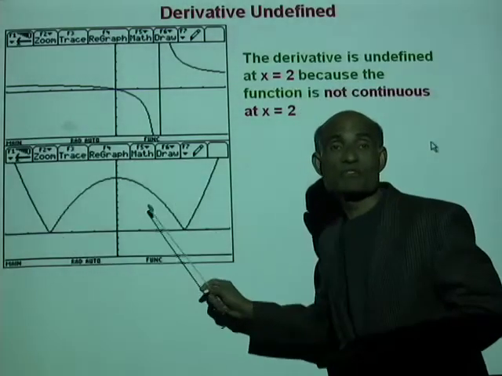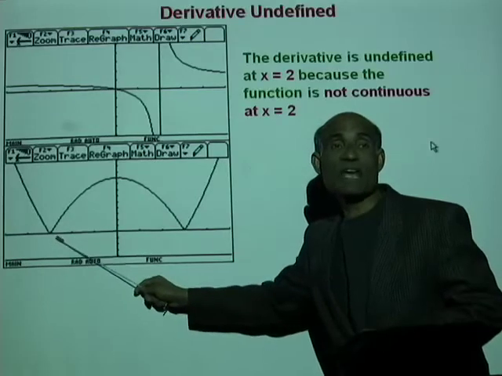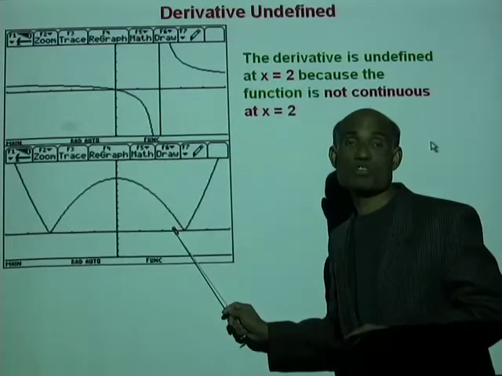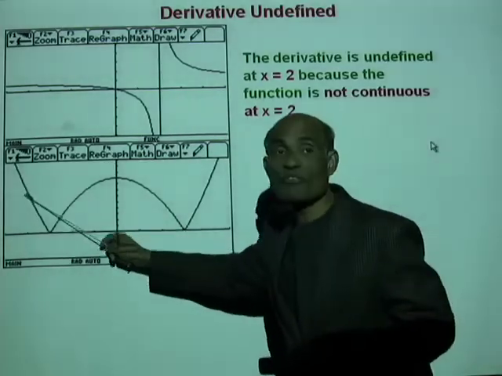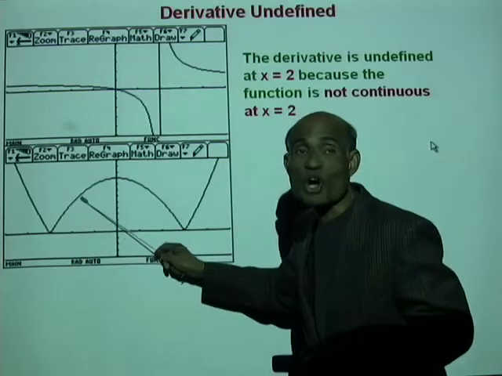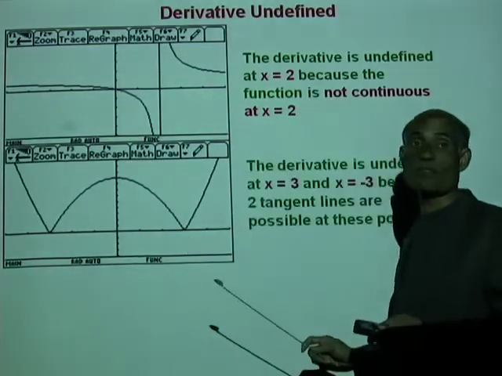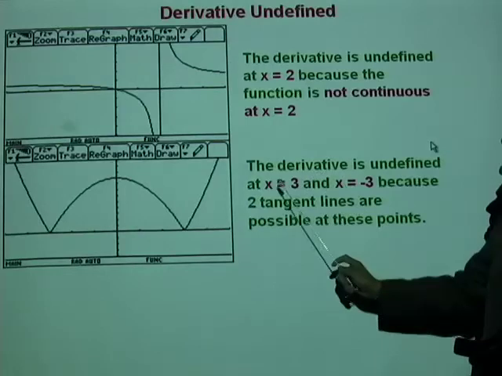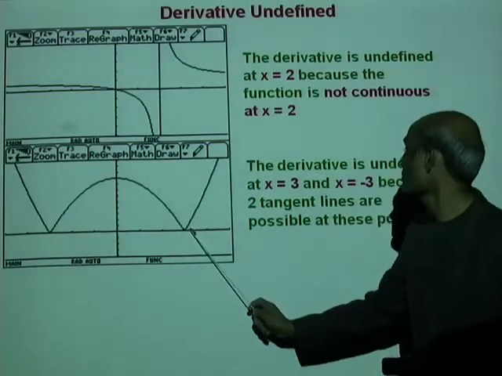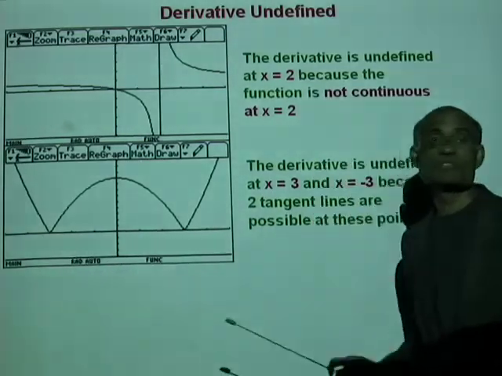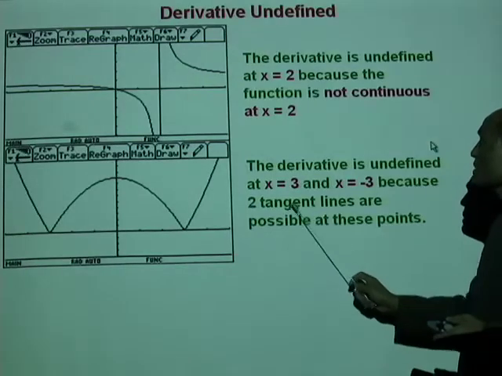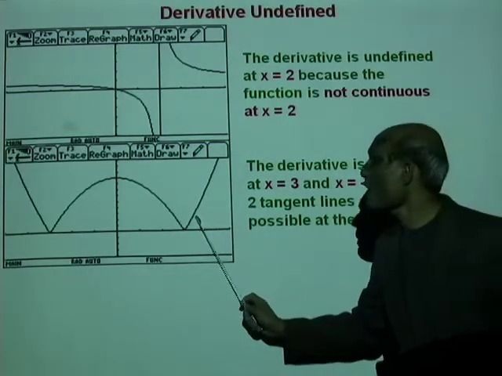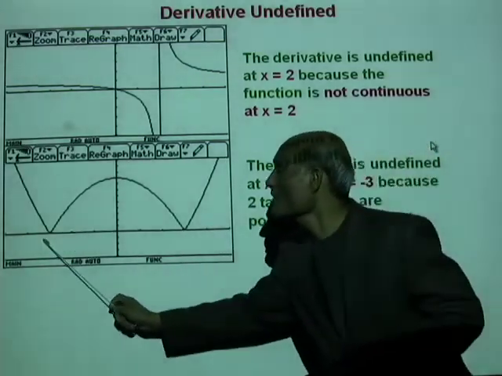The second case where the derivative is undefined is here. We just talked about it, where the function curve is not smooth. You have a sharp turn there. The derivative is undefined at x equal to 3 and x equal to -3 because two tangent lines are possible at these 2 points.